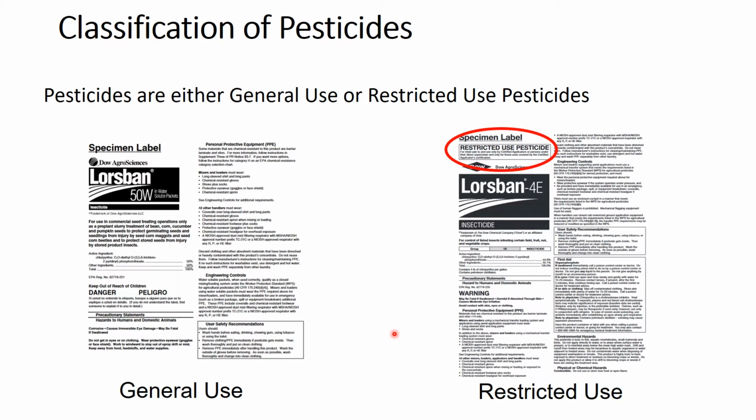Correct. And when you see that restricted use box on a particular chemical, it's going to tell you why it's deemed restricted based on the information that's in that box, correct? It will tell you what particular thing it's harmful to in that relationship. And that's true. And it's really important that we realize that general use or restricted use, both are chemicals that we are utilizing to get rid of some kind of a pest in our operation.